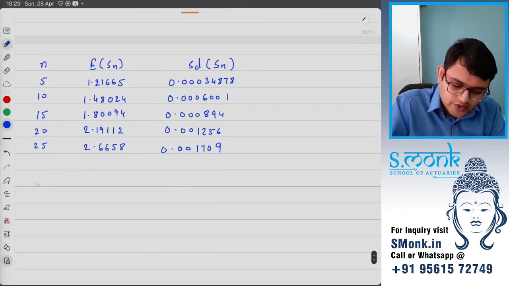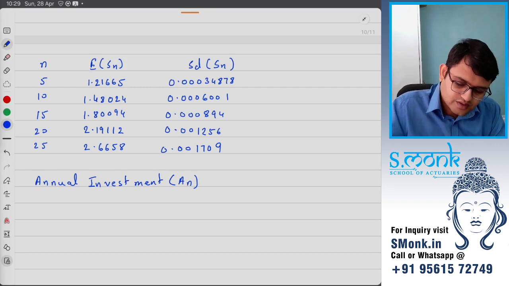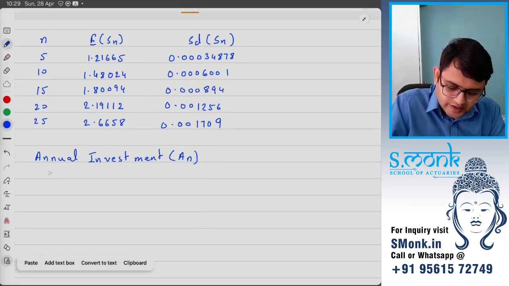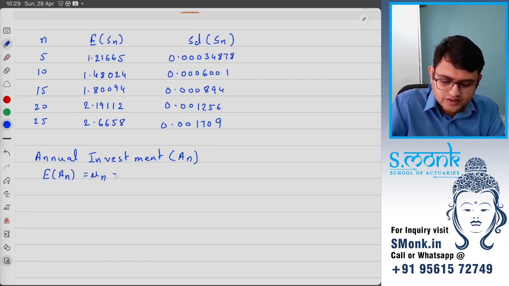But when I am talking about annual payment, annual investment, we say the expected value for AN, we'll write it as mu n. That would be S due n at the rate J%.